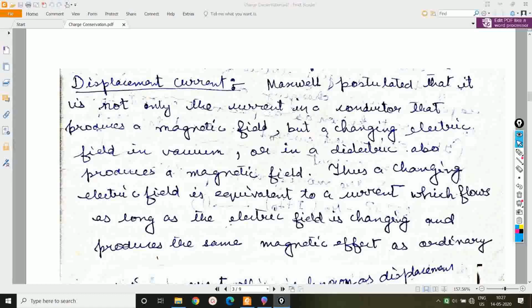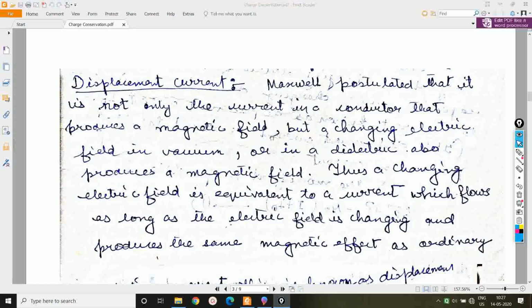It was Maxwell who first put forward the new concept at that time, which was known as displacement current. Before that, we knew only one thing, that whenever current flowed through a conductor, it produced a magnetic field. In your class 12, you studied so much of that.